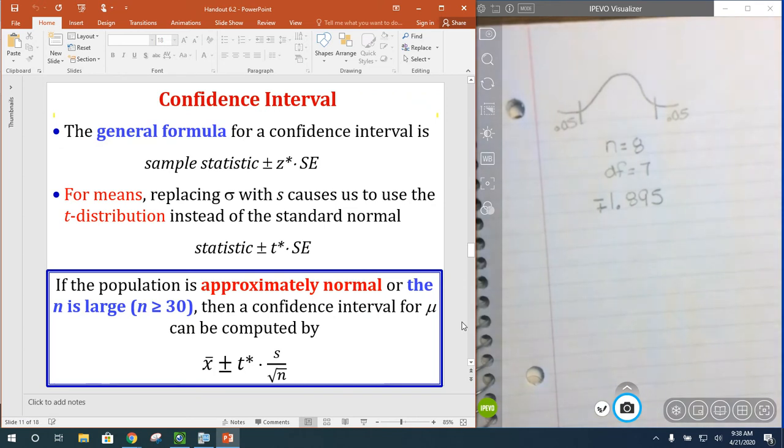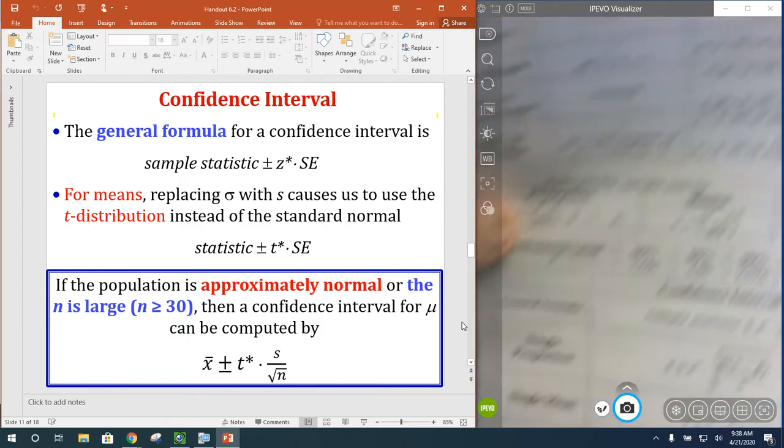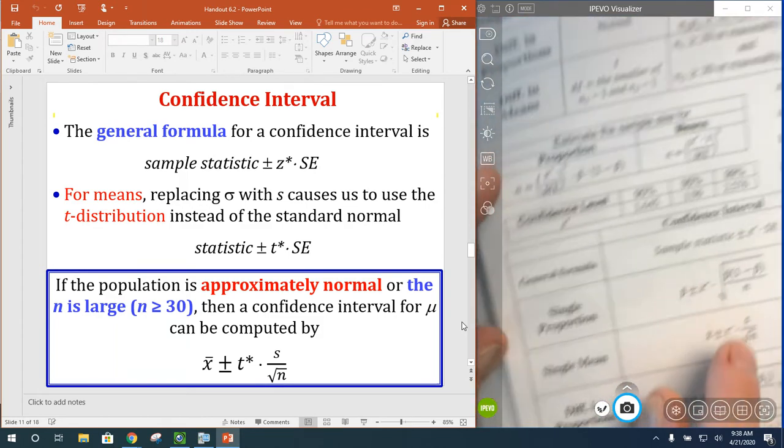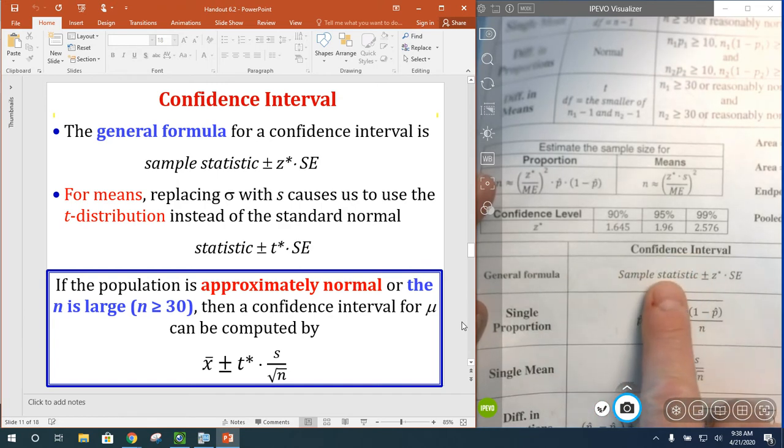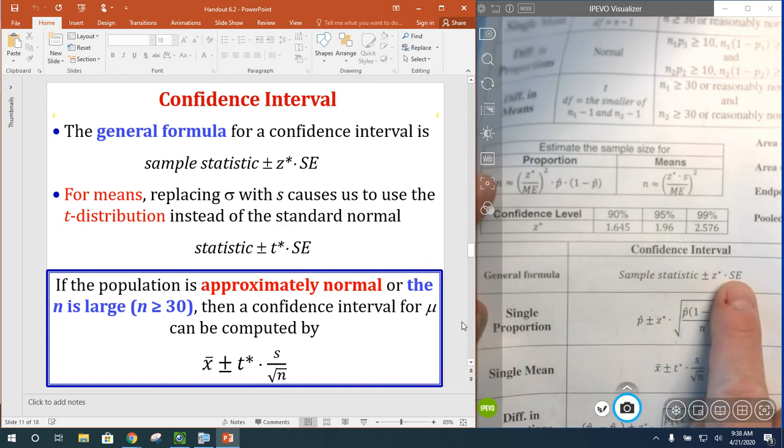Confidence interval levels. Now we're moving away from a specific part and getting into a more generalized part here. The general formula for a confidence interval level is the sample statistic plus or minus z star times the SE.